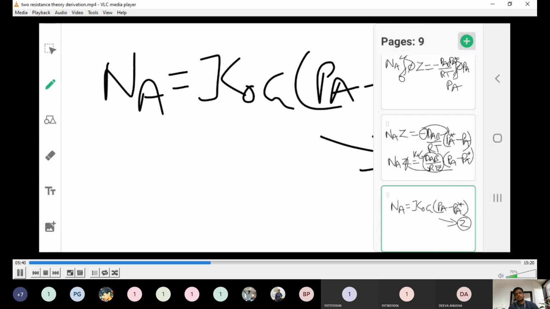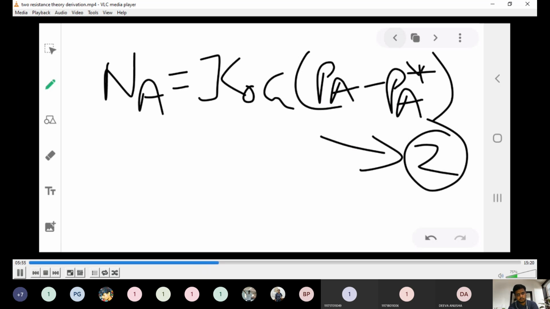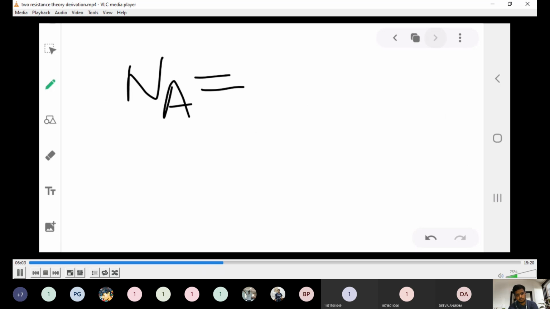Now for the individual film, for the individual gas phase, we can write the equation. We already know from the overall gas phase that Na is equal to KOG into Pa minus Pa star. The same equation we can apply for the individual gas phase.